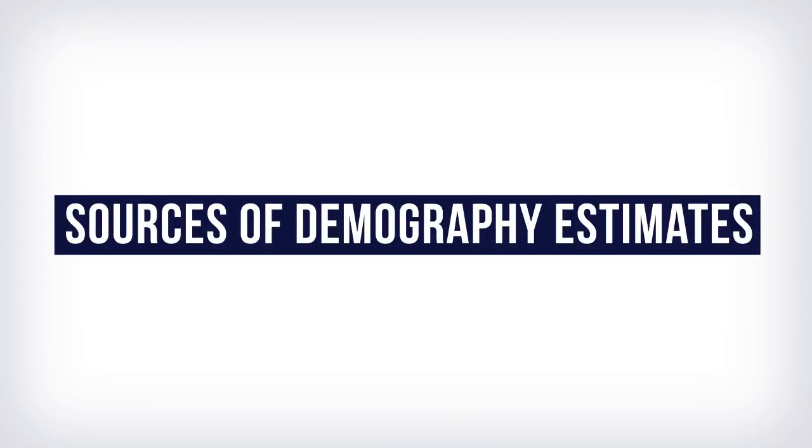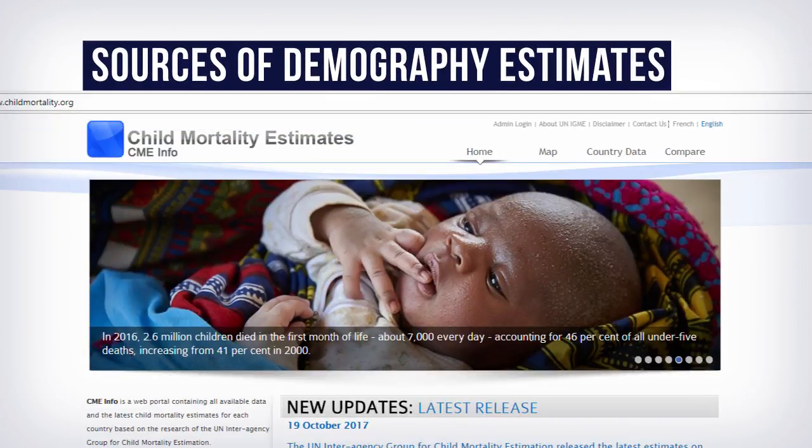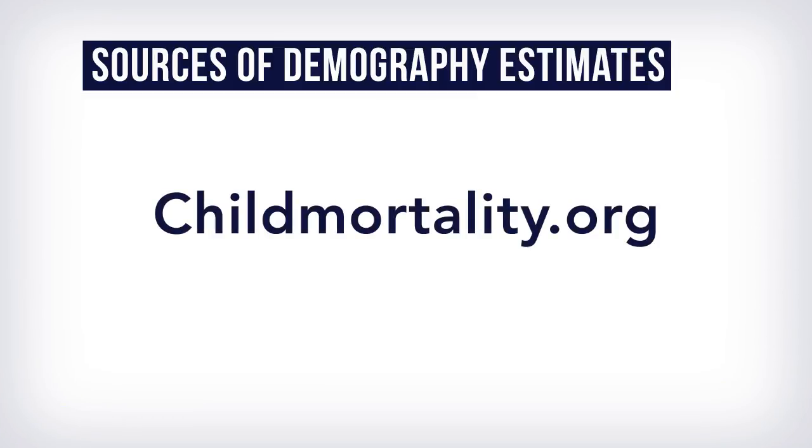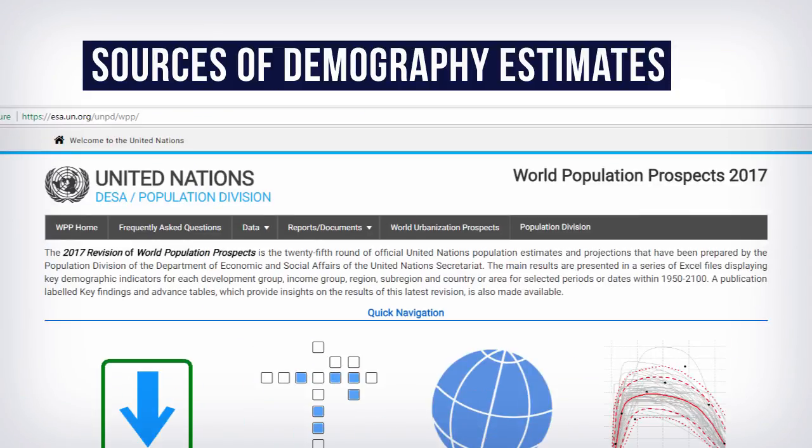Now, let's look at several of the major sources of international demographic estimates, especially for mortality and health statistics. One of the first examples that I would like to show you is from UNICEF and a consortium of organizations with WHO, the World Bank, and the UN, that is called childmortality.org. The second one is from the United Nations.